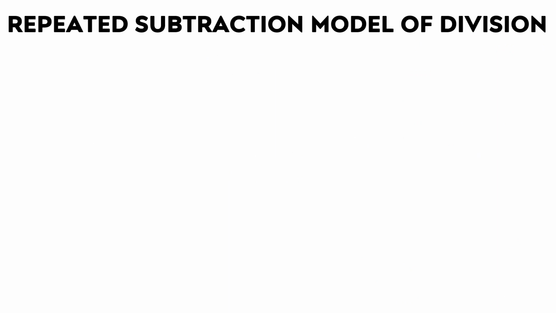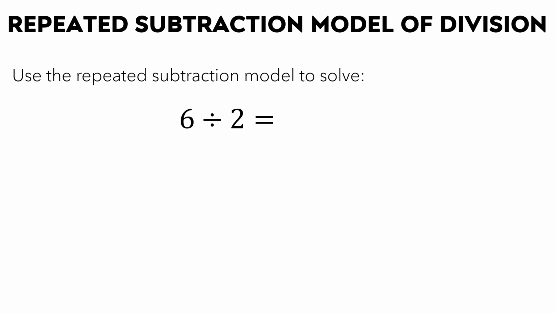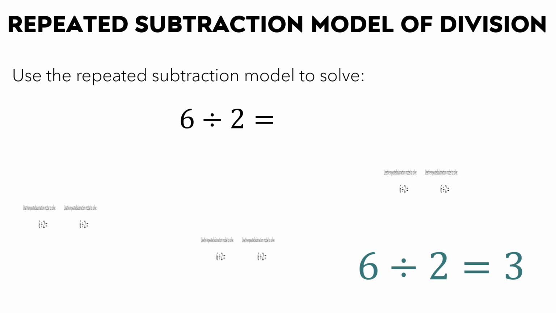Here's another example with repeated subtraction. It says use the repeated subtraction model to solve. You could use a visual like M&Ms, and you could say subtract 2, subtract 2, subtract 2. That gives us 3 sets, so that tells us that 6 divided by 2 is 3.